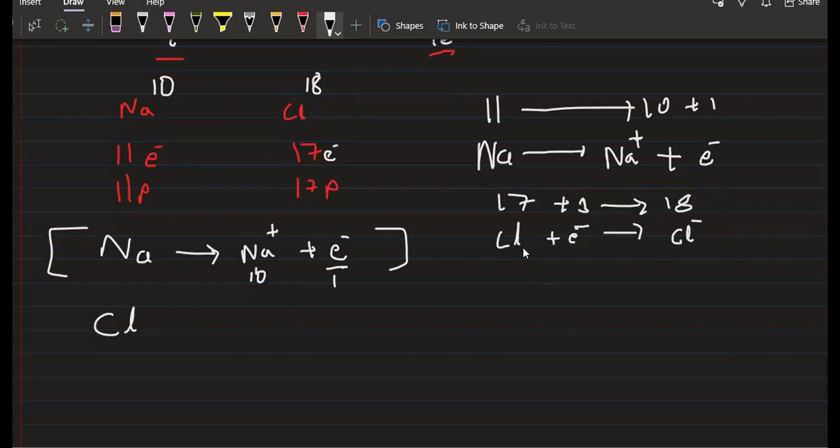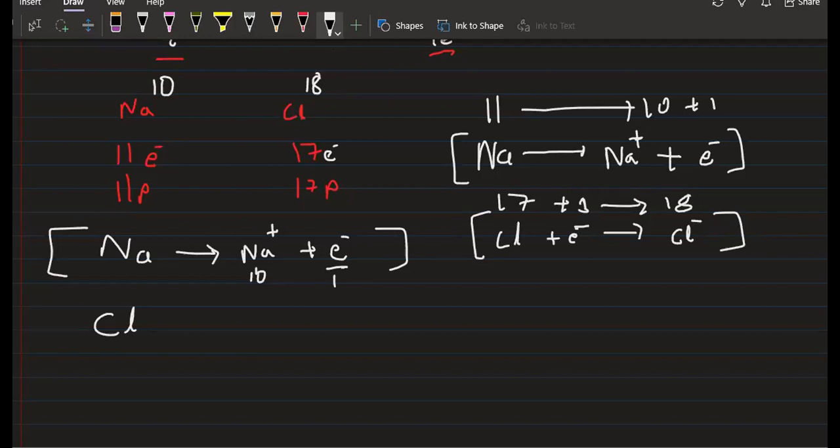In the same way, chlorine has a tendency to take one electron, so it will form Cl minus. Everything is clear till this point, right?